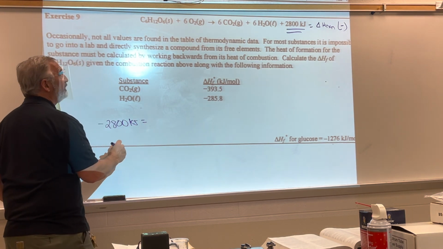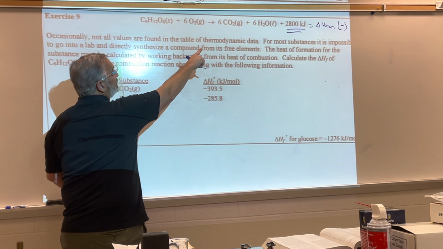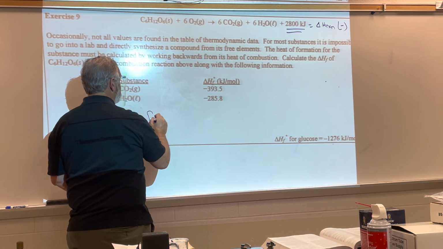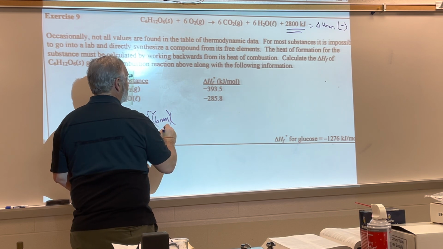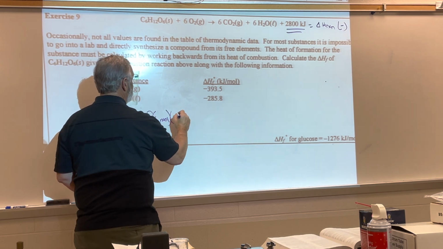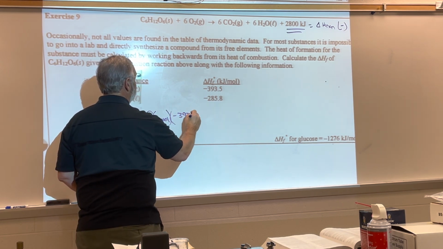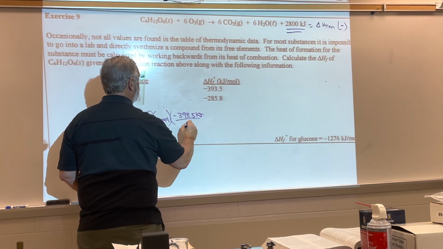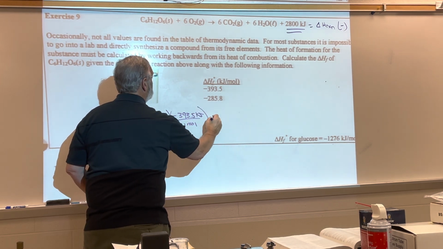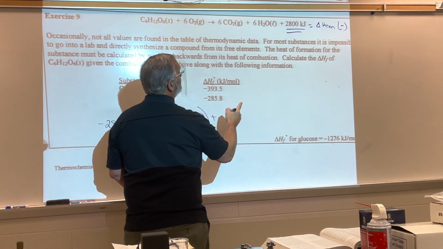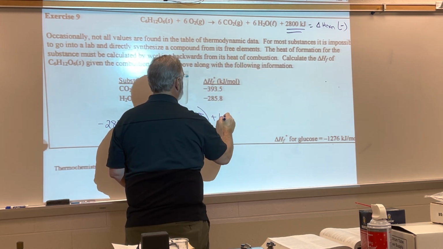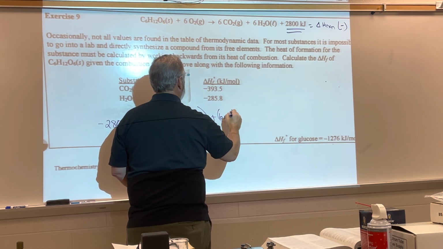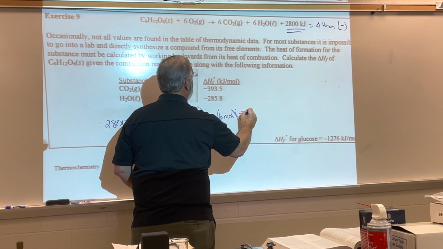So it's going to equal the sum of the heat of formation of products. So my products are going to be 6 moles of CO2 times negative 393.5 kilojoules for every 1 mole, plus the water, which is going to be 6 waters, times the negative 285.8.